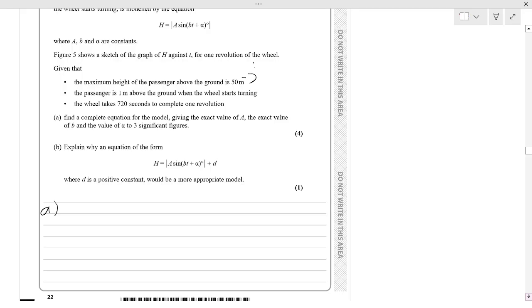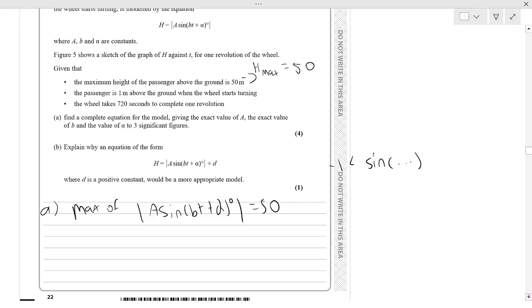So that means when h max, the maximum value, is 50, the max of mod a sine of bt plus alpha degrees is 50. But how would I find the maximum value? Well, you're going to need to know that sine of any angle is between minus 1 and 1. You can see that by the graph, okay?